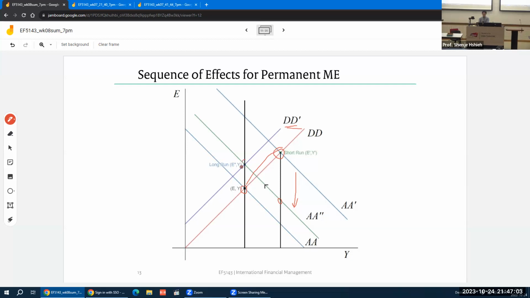And that's precisely this point here. So the takeaway here is that flexible exchange rates make monetary policy very effective, especially if it's unexpected. And that also coincidentally is consistent with relative purchasing power parity in the long term.